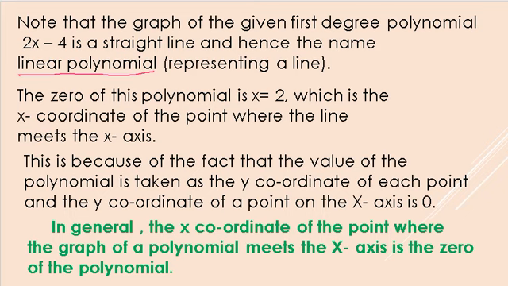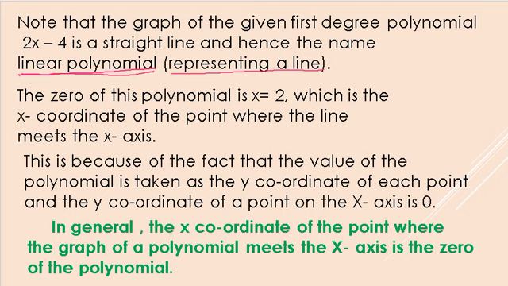When we get a straight line, we give the name linear polynomial, and a linear polynomial represents a line. These are the points to keep in mind.